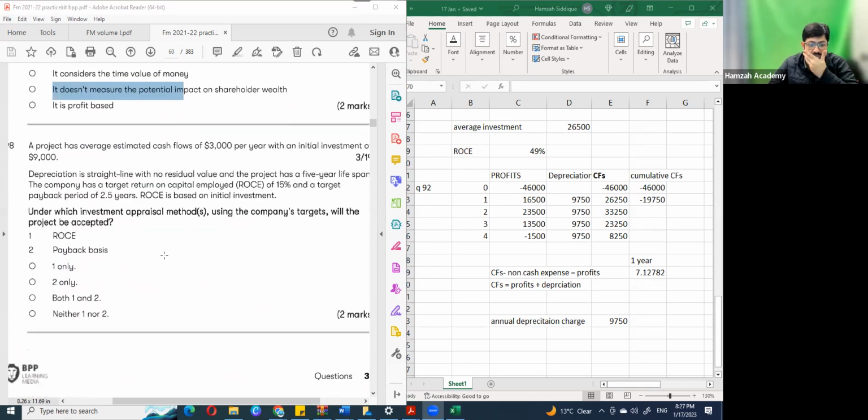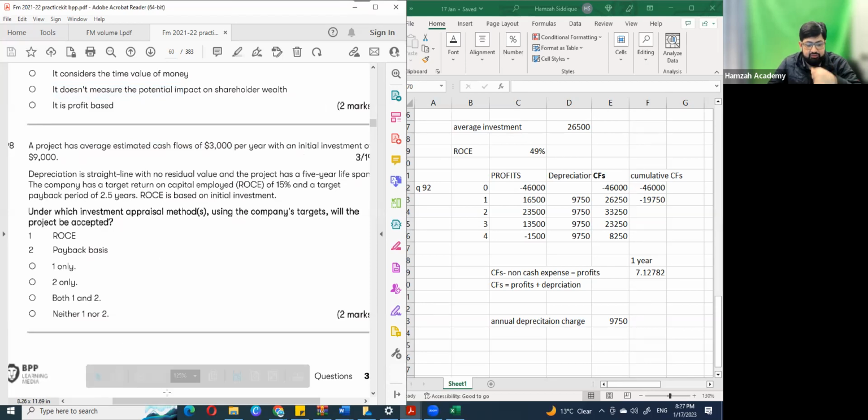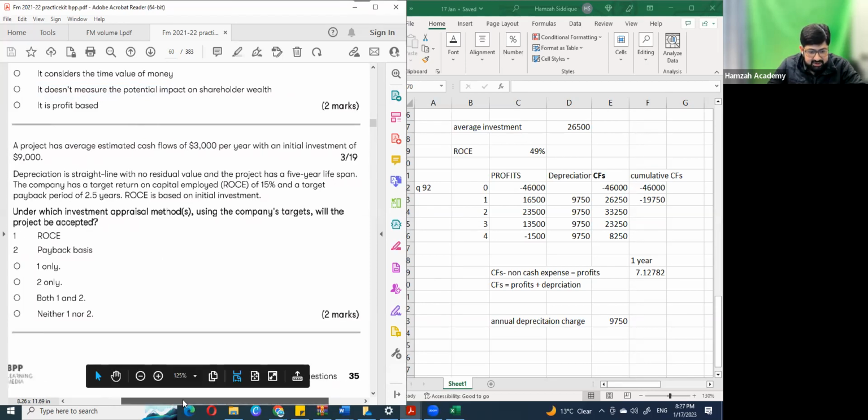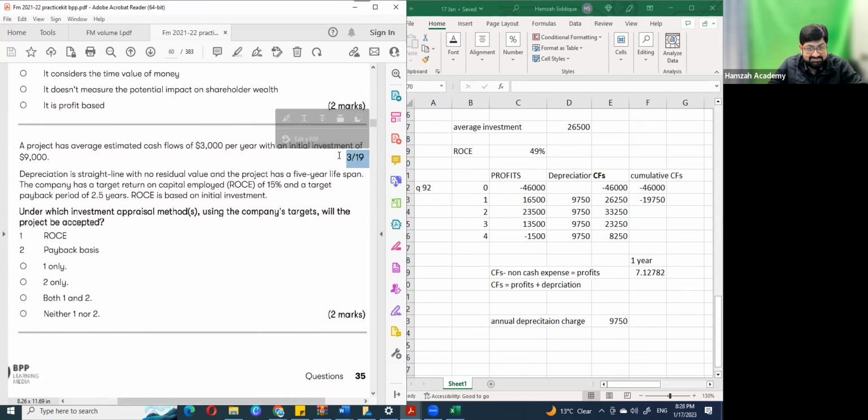Now, a project has an average estimated cash flow of 3,000 per year with an initial investment of 9,000. It is a past exam question, by the way.